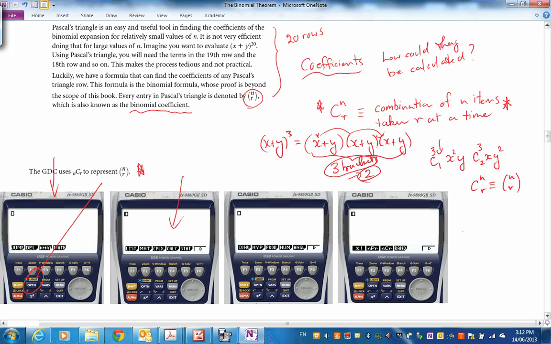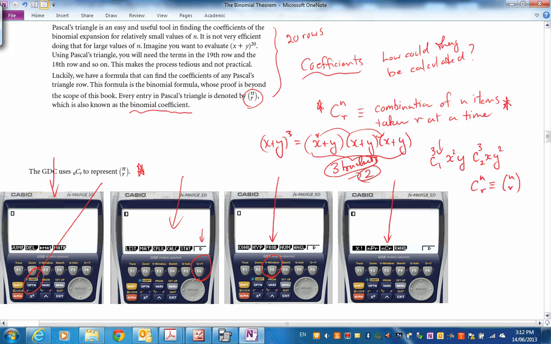And then what we want to do is go to the next window, so hit F6. If you go to the next window, you get this, and you're wanting probability here, because as I mentioned, the binomial pattern of terms also occurs in the binomial probability distribution. So if we choose that by hitting F3, we get this window, and there it is there.